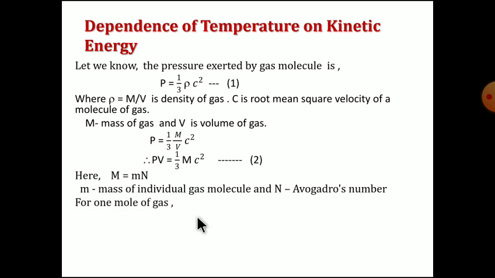Now we use, for 1 mole of gas, the perfect gas equation or ideal gas equation, PV is equal to RT. Here this PV is directly replaced by R into T. This equation number here is 2. Therefore, equation 2 we write as 1/3 m C square is equal to R into T.